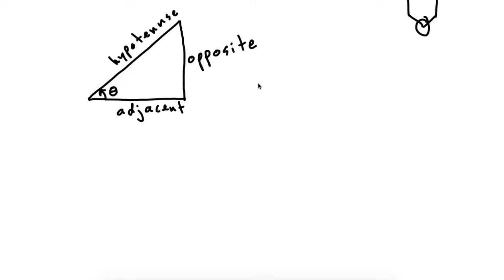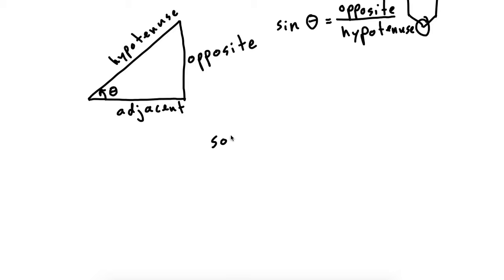Then we have the basic trig quantities. Sine of theta, spelled S-I-N-E but abbreviated S-I-N, of theta equals opposite over hypotenuse. That's how we define it in a right angle triangle. The mnemonic for remembering this is SOHCAHTOA.